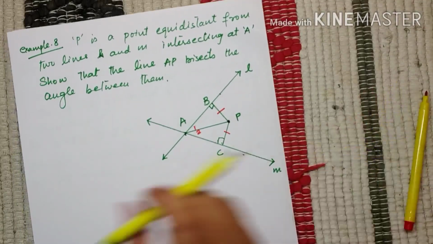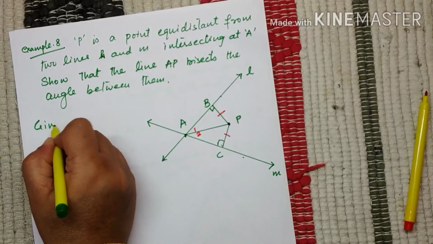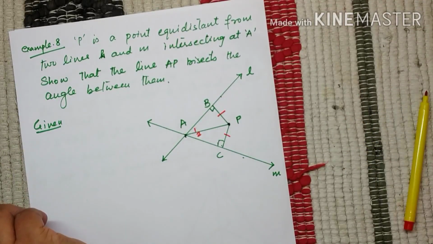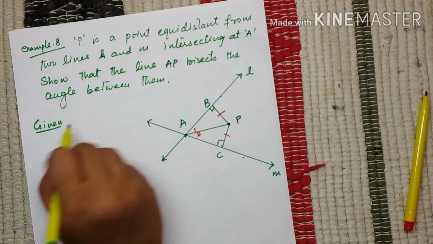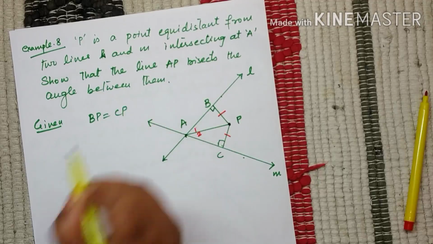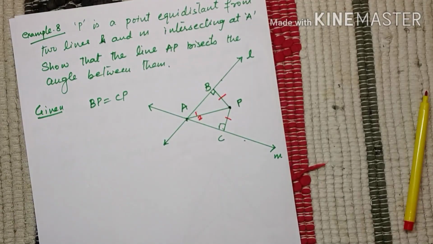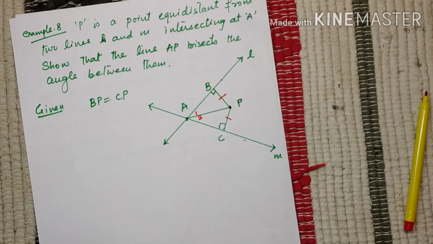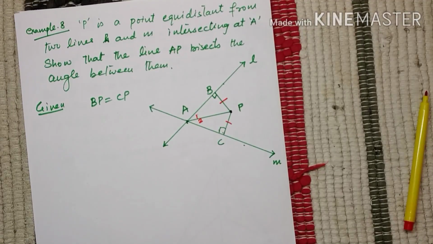First of all, let us write what is given. What is given is BP equal to CP. Equidistant, BP is equal to CP. And what else is given? When we talk about distance, equidistant distance is always perpendicular distance. Right? Okay.